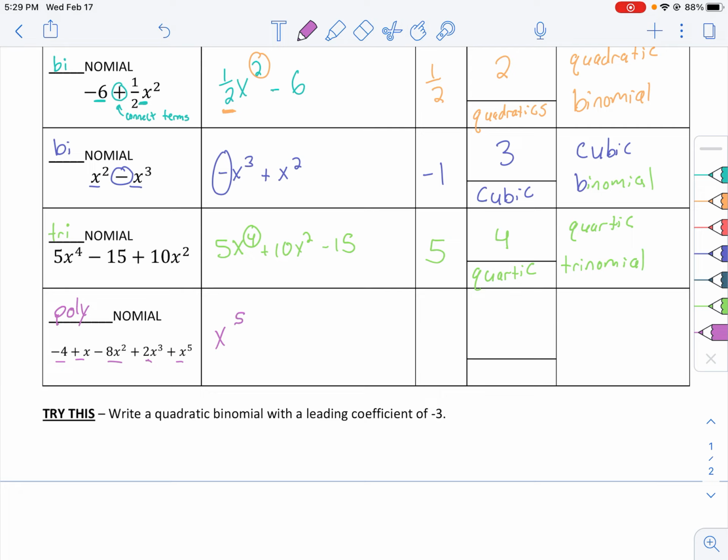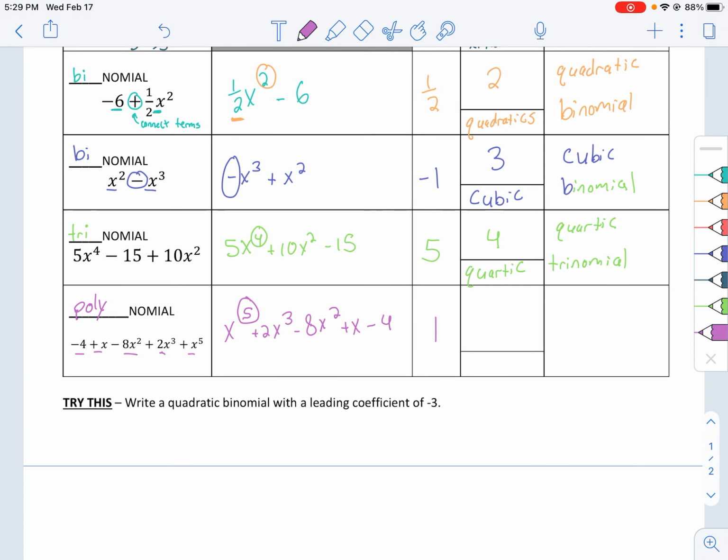So we have x to the 5th plus 2x cubed minus 8x squared plus x minus 4. Highest degree up front. Its leading coefficient is 1, right? If there's no number here, it's technically just a 1. And this is 5th degree. So this doesn't have a special name. We just call it 5th degree in Algebra 1. So this is a 5th degree polynomial.